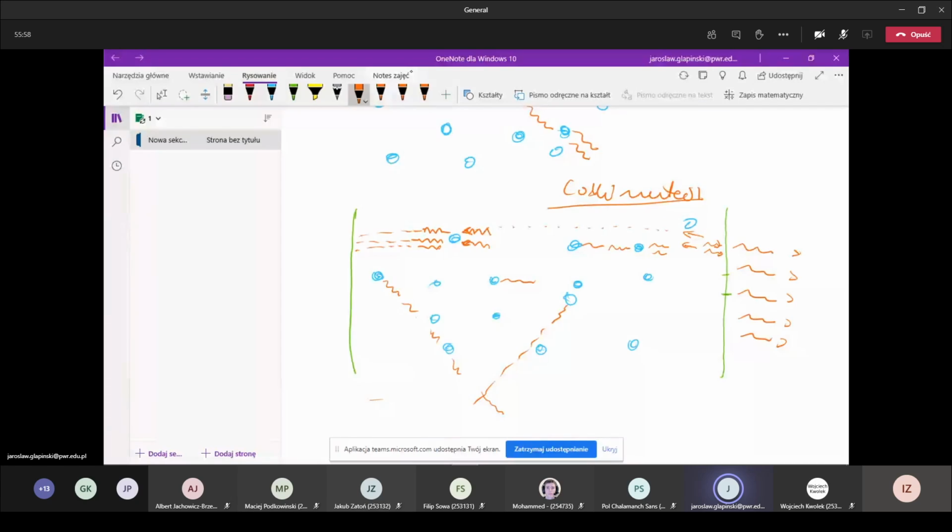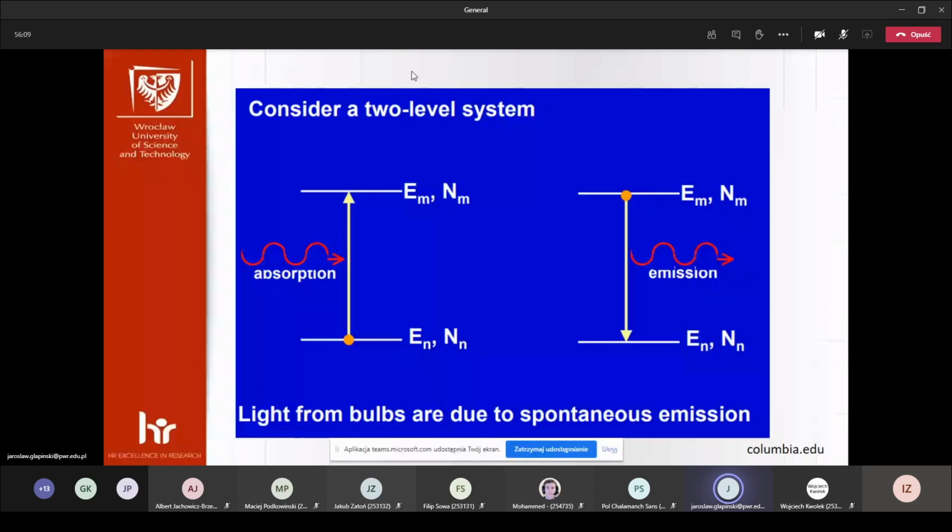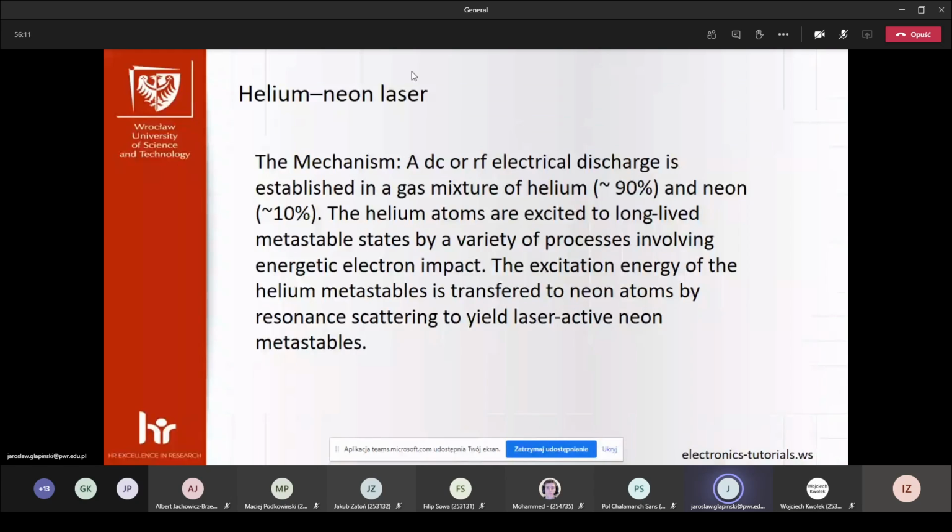As I said, we have different substances that we can utilize to produce the laser.